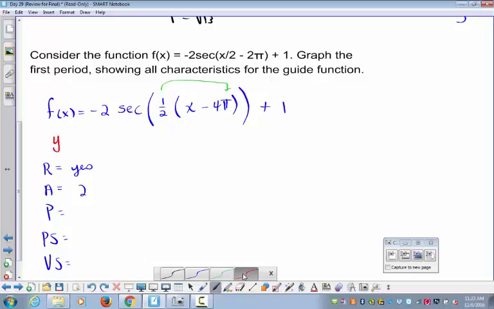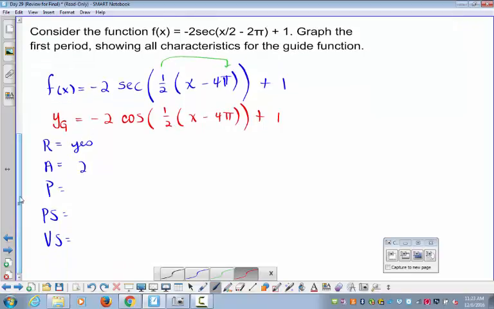So let's call it y sub g for guide. The guide is the reciprocal function. The reciprocal of secant is cosecant. So here's our guide function, and that amplitude is for the guide.